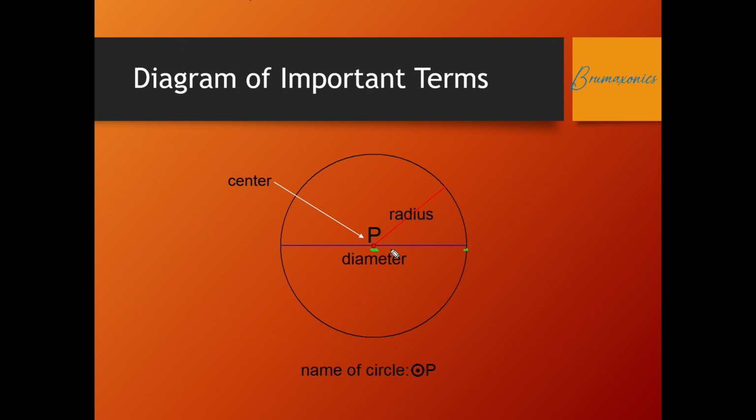From this point up until this point will be called the radius of the circle, right? And the diameter is represented by the blue line.